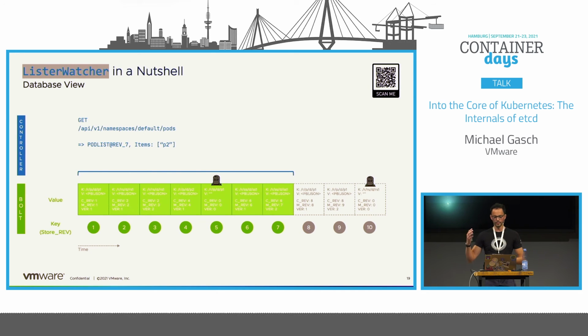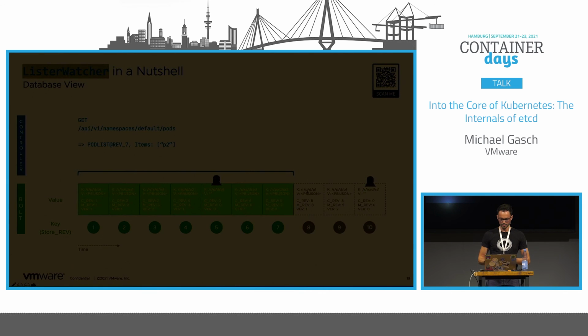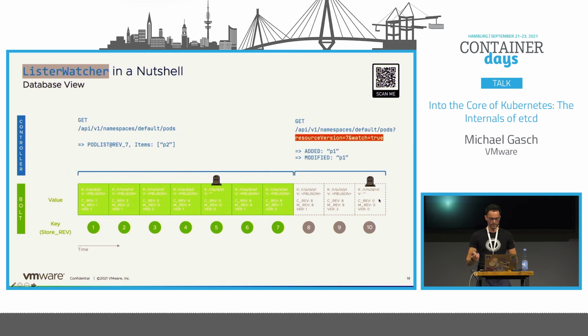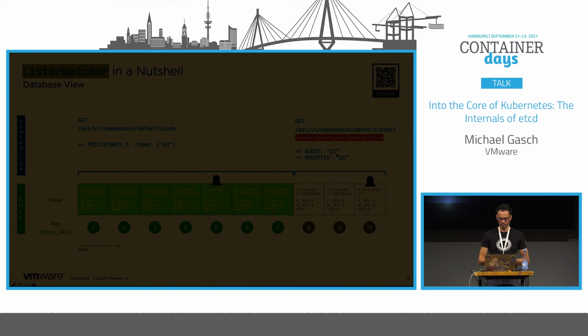And then let's assume there are 3 more changes since we did the list, 8, 9, and 10, right? Because this is this integer which always gets incremented. And let's assume we have a pod being created, a pod being updated, and then something else is deleted. Now, because the controller does a watch, what it will get back is basically an added event for pod 1 at 8, and a modified event for pod 1 at 9.